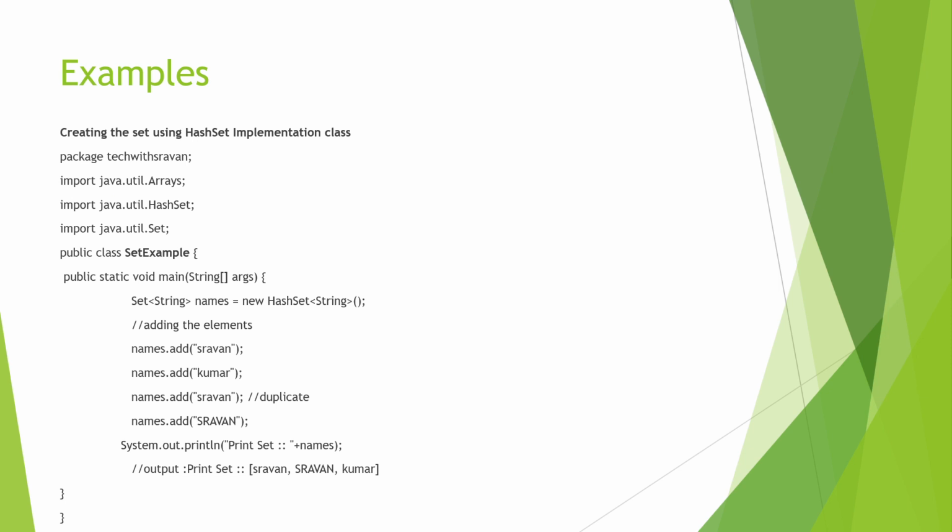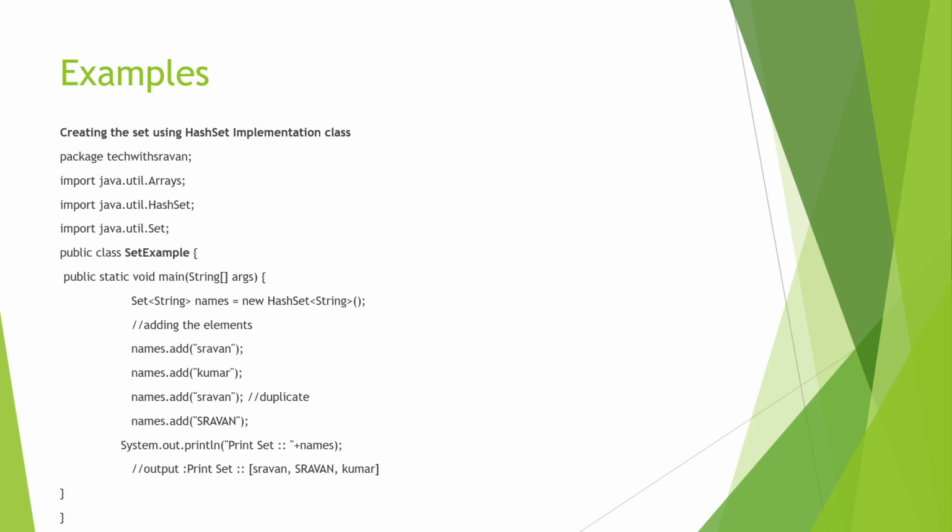Next, we are adding elements to the set using the names.add method, which adds the element into the set. I gave Shravan, Kumar. Again I am giving a duplicate element, Shravan with a capital letter, to check whether it is case sensitive or not. Then I am printing with System.out.println the set names.